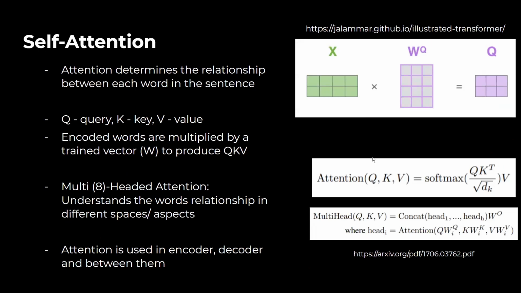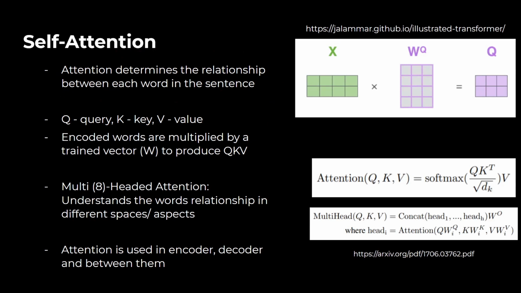Self-attention. This is slightly complicated, so if you don't understand, just let me know. The attention mechanism works the same way on a higher level. You're linking the input words to each other so you can understand the context of each word in a sentence.